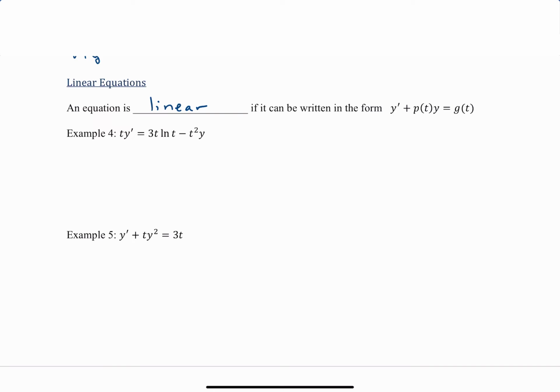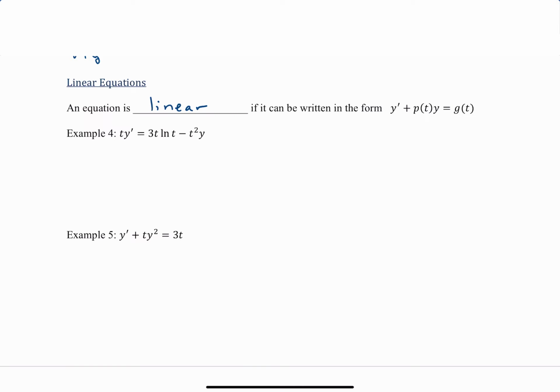So I'm going to try to put the equation in this form, and if I can't, it's not linear. If I can, it is linear. So one thing I notice is that on the right-hand side, there should not be any y's. We can only have t's over there. So let me take any term that has a y in it and subtract it from both sides.